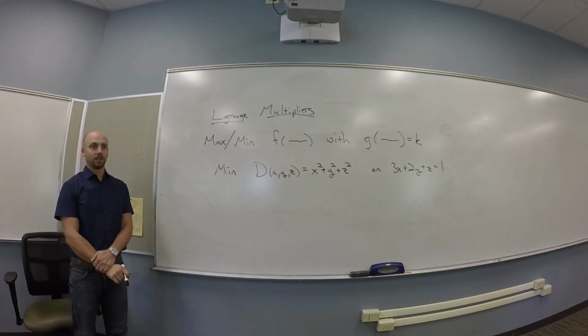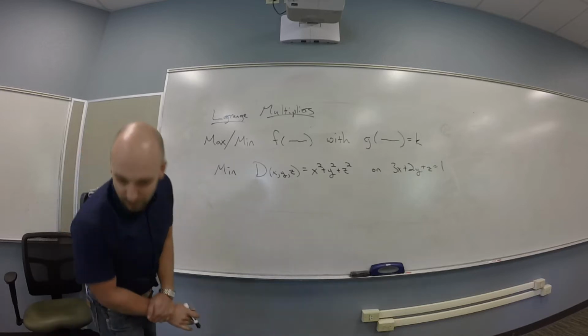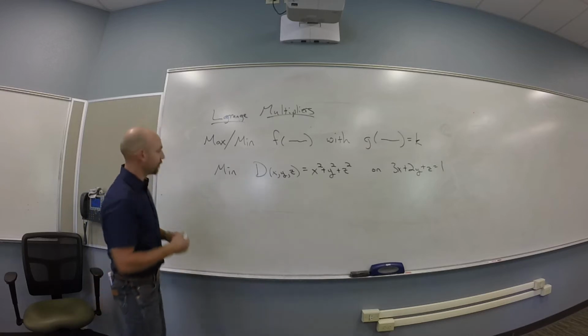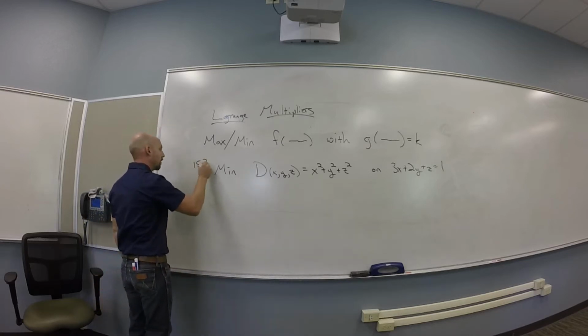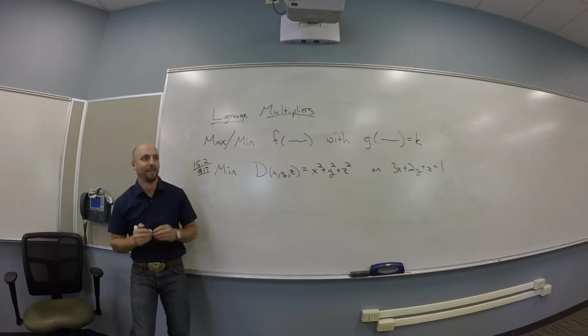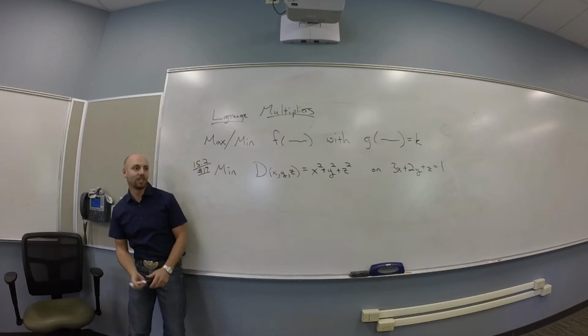You guys good with this? Y'all remember this is that same problem we've done a million times? This was number 19 in 15.2. But we should get the same answer, so let's do it.